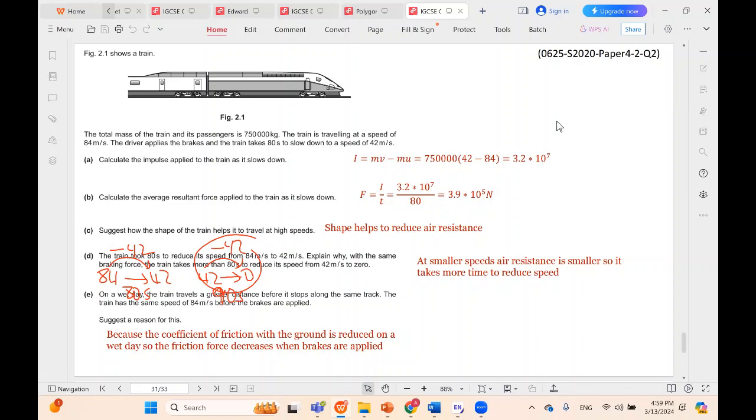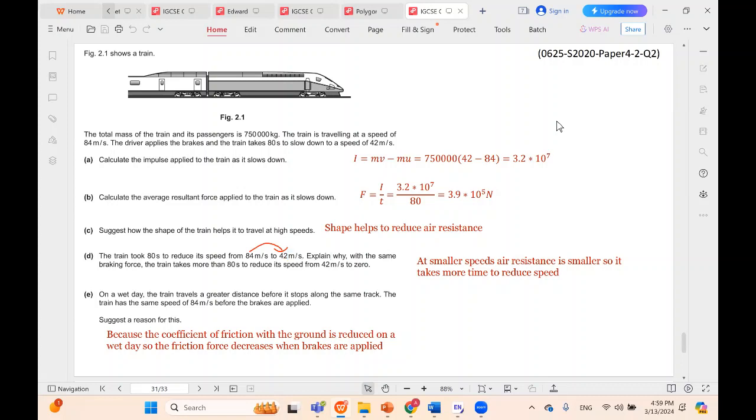So the idea is that the train is opposed by two forces, braking power and air resistance. Braking power is the same. However, when we're going from 84 to 42, this is a very high speed on average, so you have a lot of air resistance.